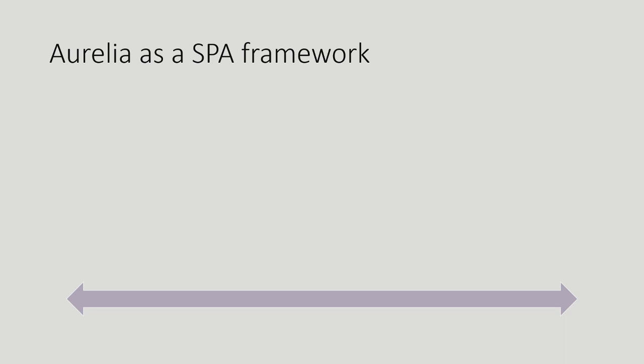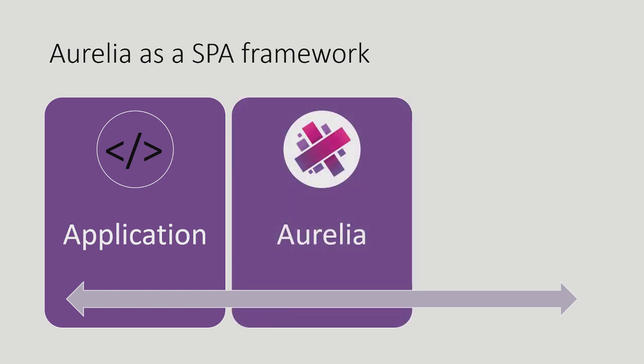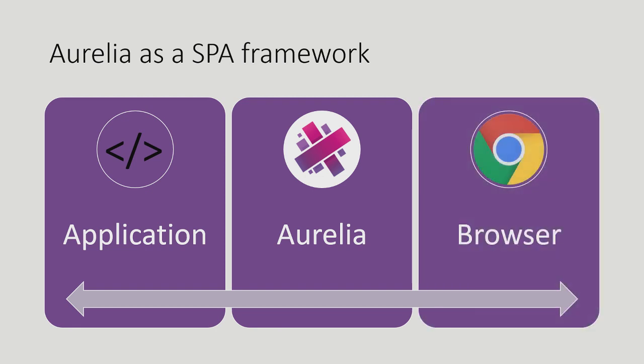And Aurelia as an SPA framework. So it's kind of working as an interface between the application and the browser. So your application code is running on the side of Aurelia, and Aurelia helps you to interact with the browser.